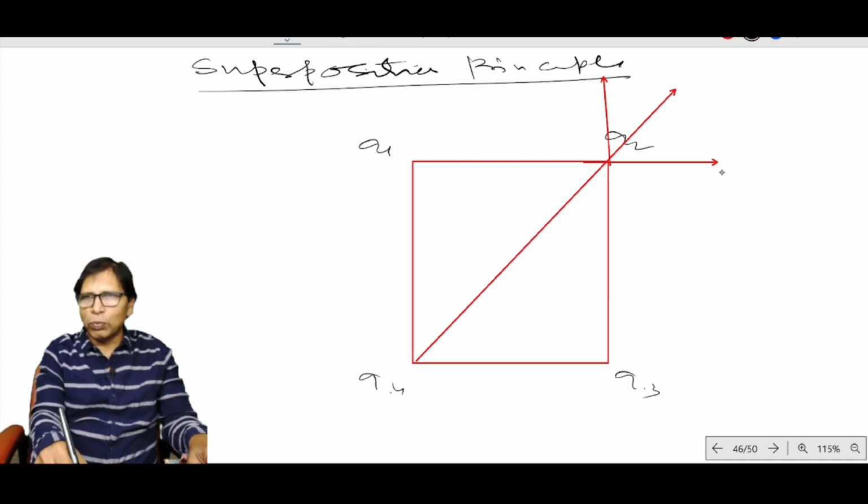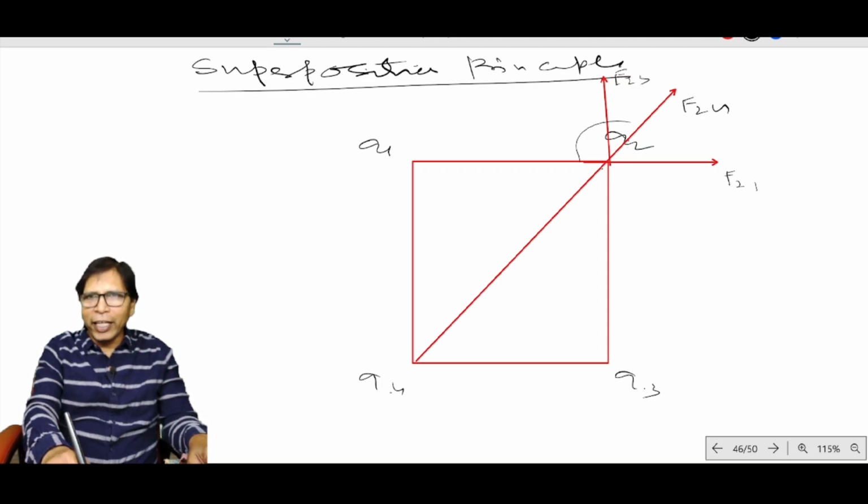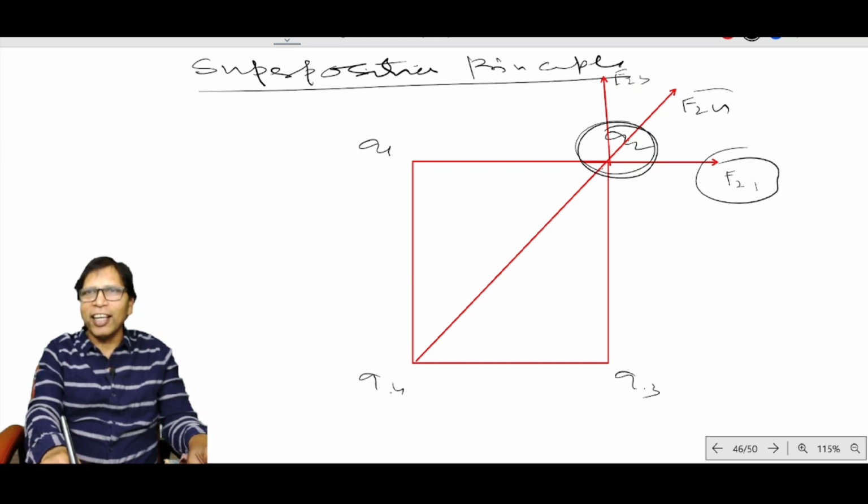Now this force on Q2 by Q1 is F21. This force on Q2 by Q4 is F24, and this force on Q2 by Q3 is F23. The net force on Q2 is the vector sum of these forces.